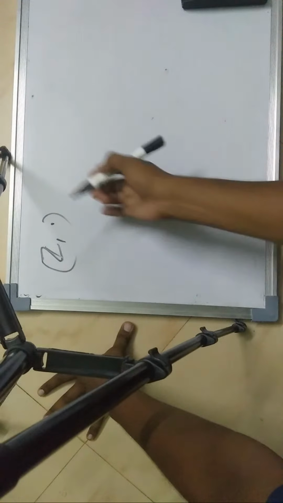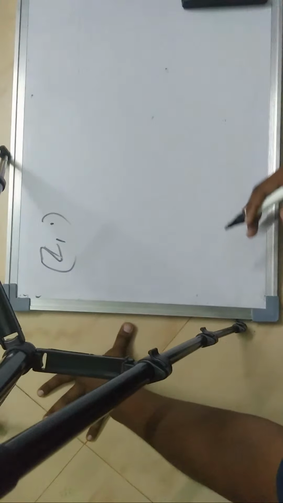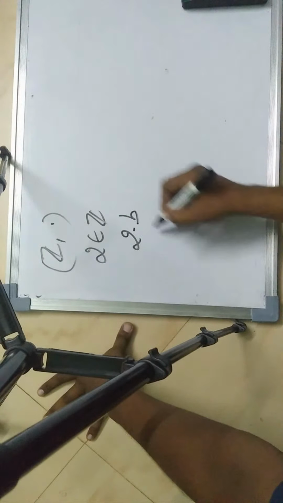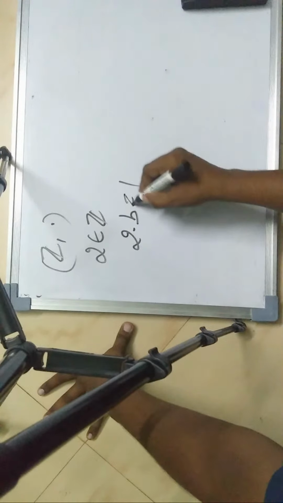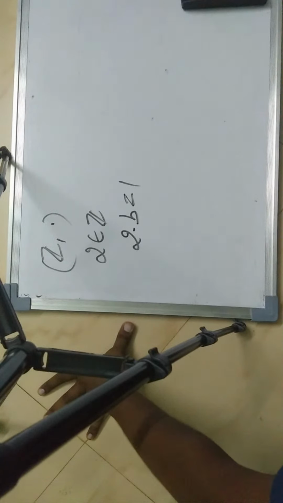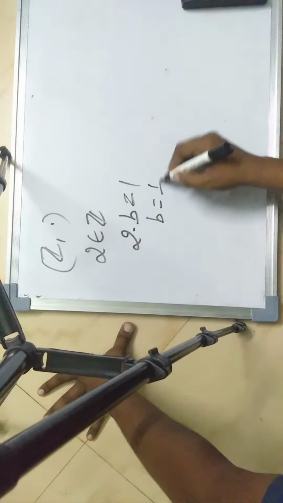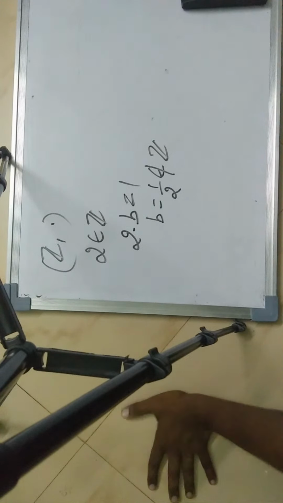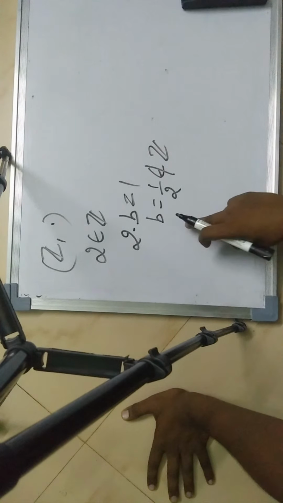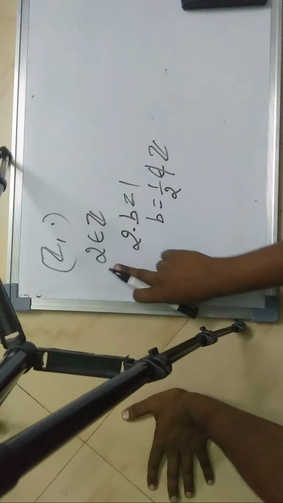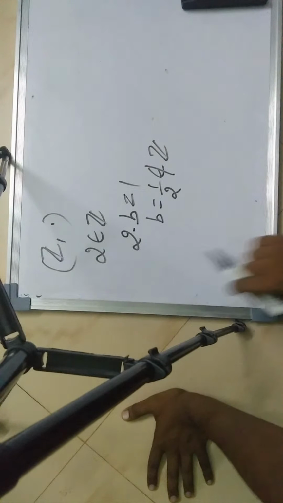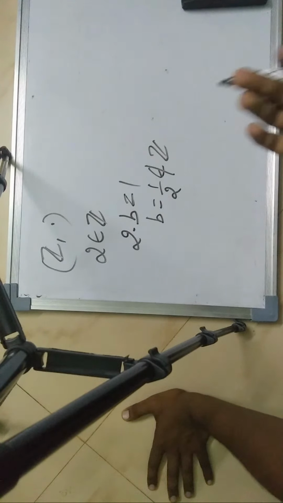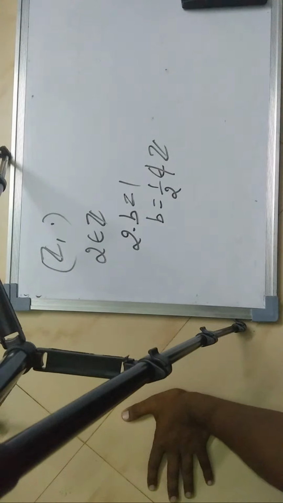Also, if we take any other element other than 1 and minus 1, say for example, if we take 2 in Z, we need to find one B such that 2 into B is 1. So for this to be satisfied, B must be 1 by 2, which does not belong to Z. So whenever you choose an element, say 2 from Z, it does not have an inverse. So we have found another element for which the inverse does not exist.